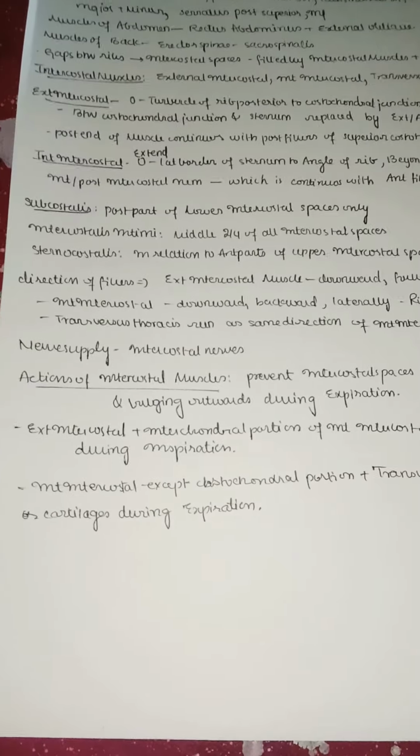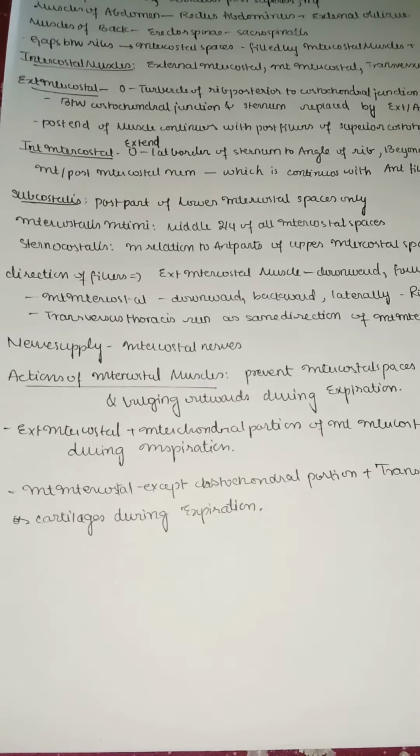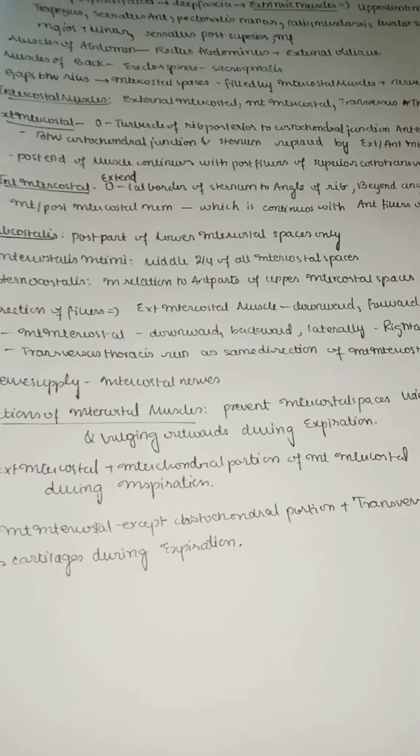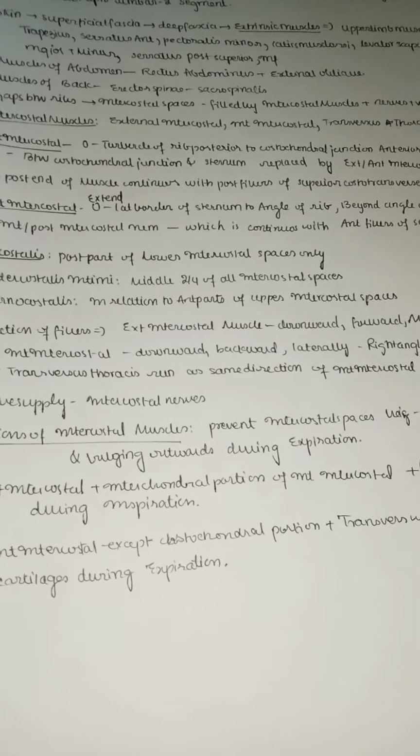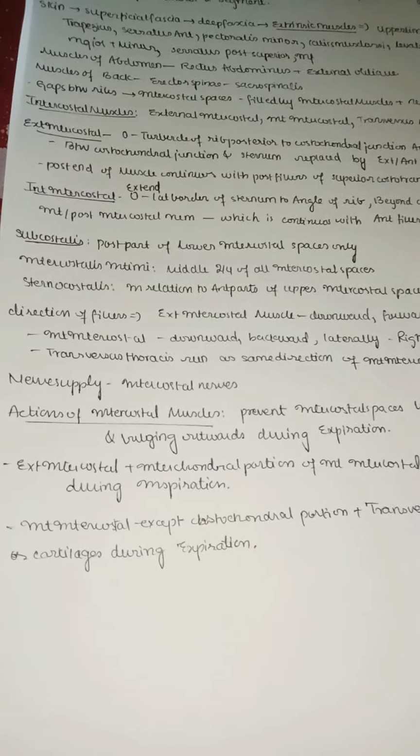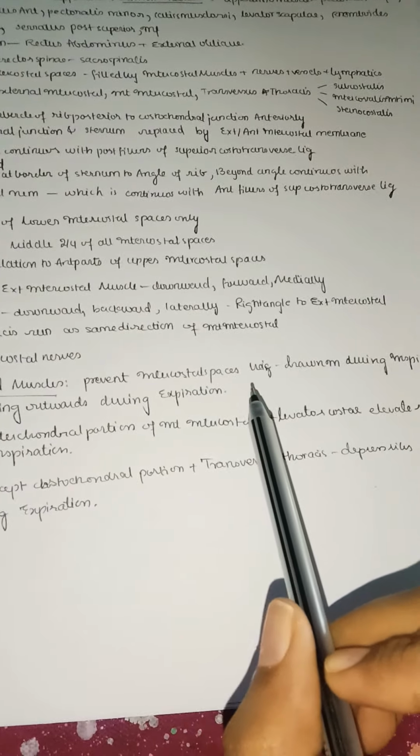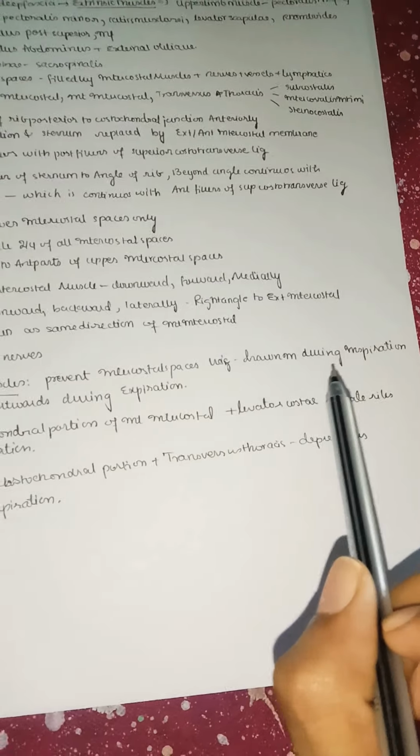So this is about this, and finally you have the actions of intercostal muscles. So what do the intercostal muscles do? You know, intercostal muscle is actually a sister of transversus thoracis. Why? Because they both run in the same direction. So they mainly prevent the intercostal spaces being drawn in during inspiration.